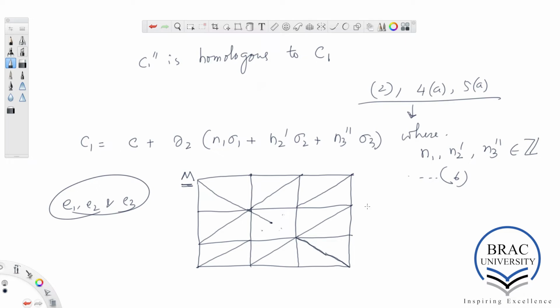So let me put a caption on this figure: subcomplex of L carrying the one chain C1 that is homologous to the given one chain on L.